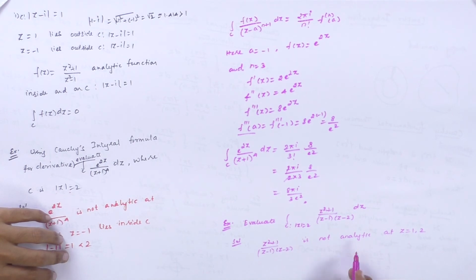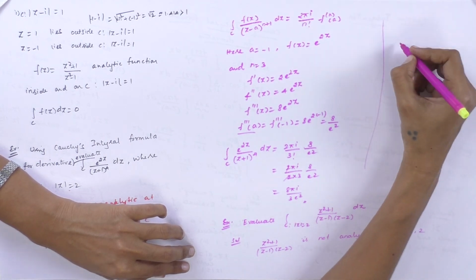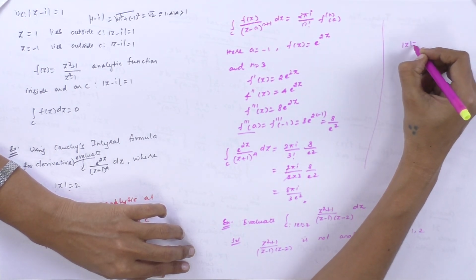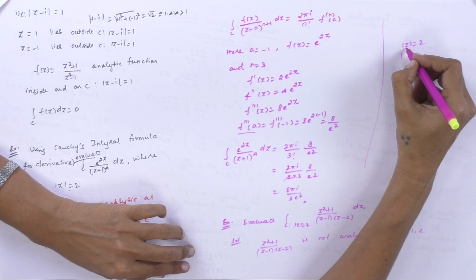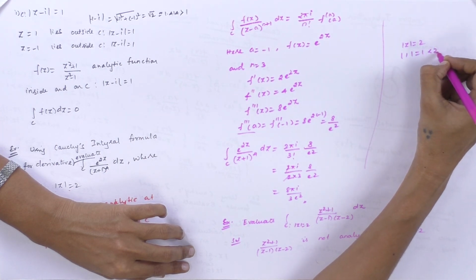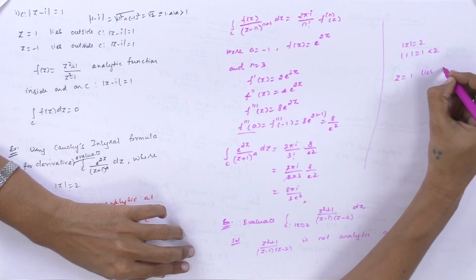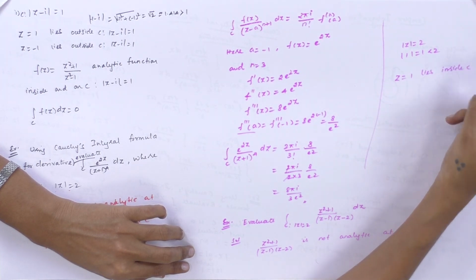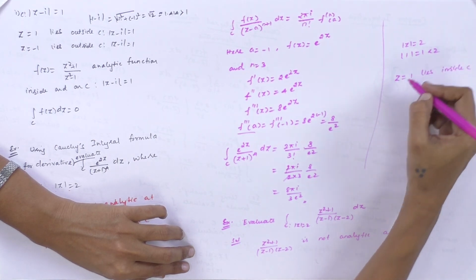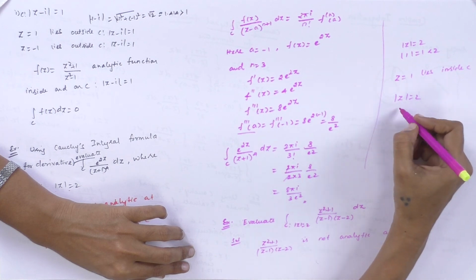Let us check whether these 2 points lie inside or not by substituting in the given curve. The curve is modulus of z equal to 2. If I put z equal to 1, modulus of 1 is 1, 1 is less than 2, therefore z equal to 1 lies inside C. Similarly, put z equal to 2 here.